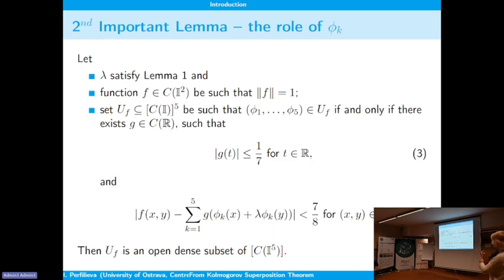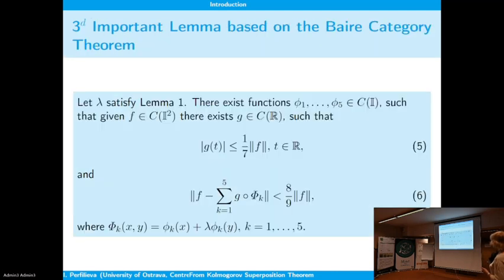And if all these conditions are satisfied, then, and this is important, the existence of this set will be proven. And this set is an open and dense subset in the set of continuous functions, these 5 tuples. Okay, so this is the first lemma.